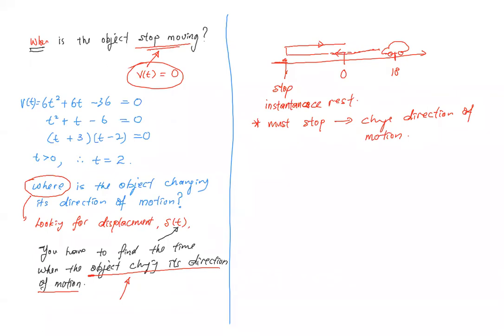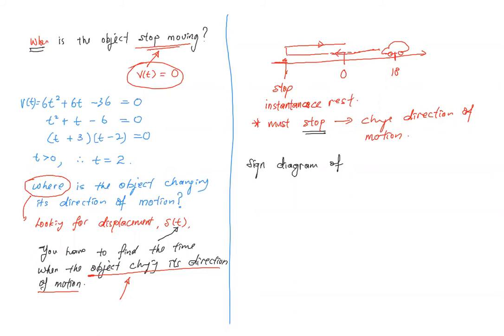So that means if you want to answer this question, you have to draw the sign diagram of what? So to solve this problem, you must have the sign diagram of what? You want to talk about stop.